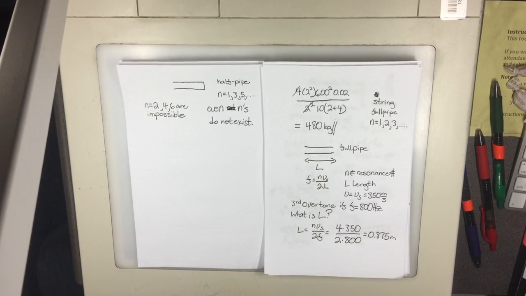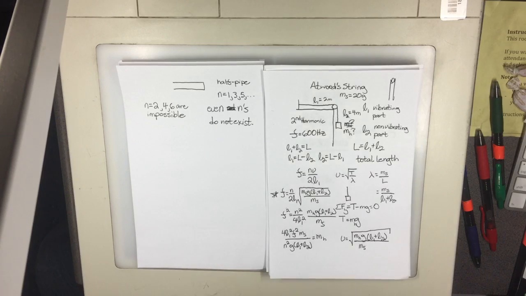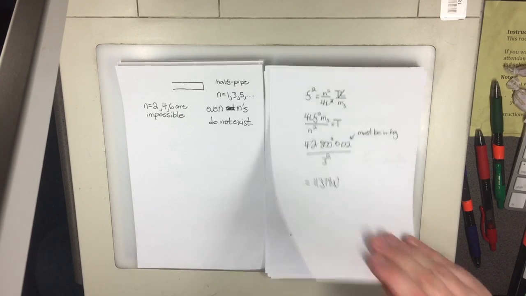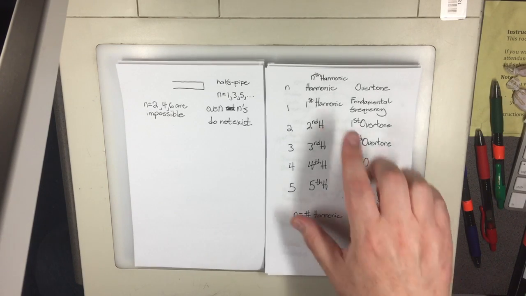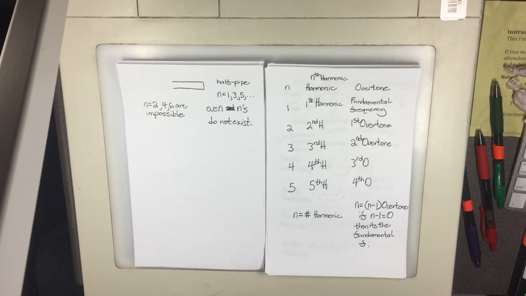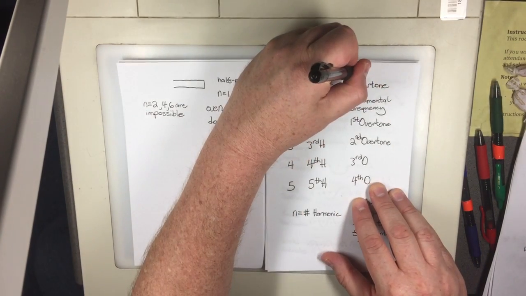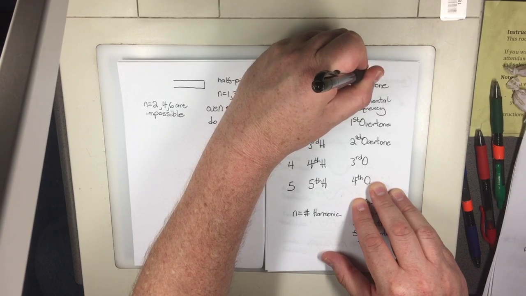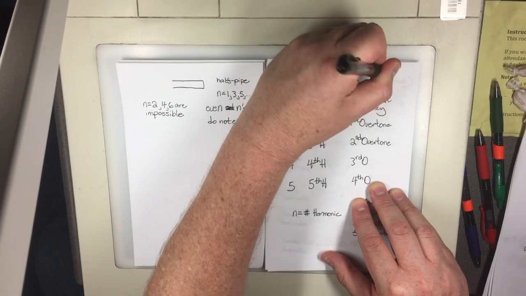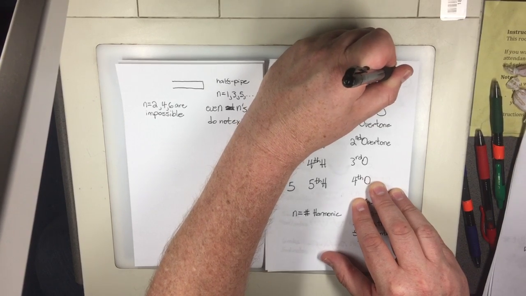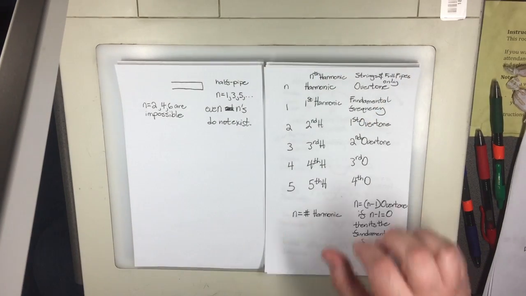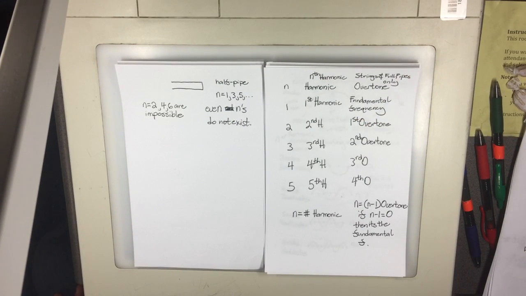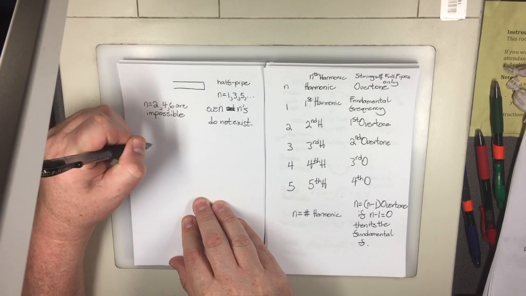Now there is a little bit of a difference. Hold on, let me go back. With this naming convention, these are for strings and full pipes only. The naming convention for half pipes gets a little bit different.